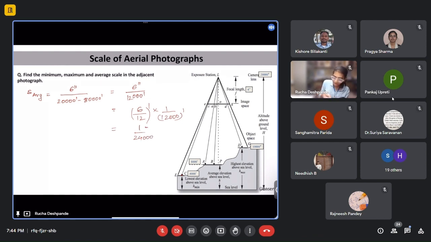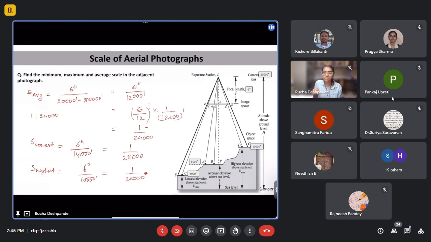So the average scale for this image will be 1:24,000. And similarly for the lowest elevation, it will be, and for the highest elevation it will be, so I hope this is clear.